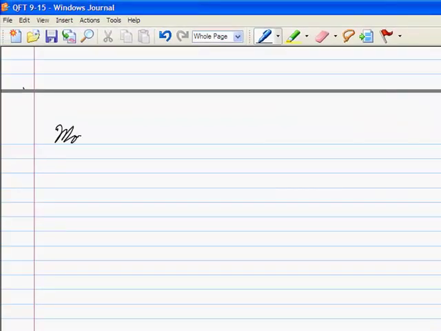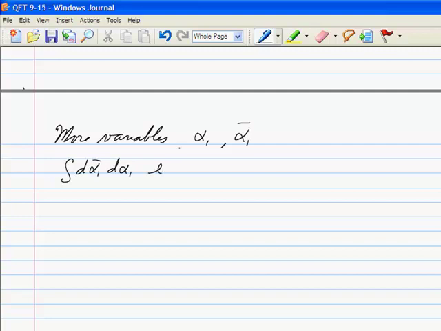Okay, if we have more variables. Let's take α1 and α1 bar, because I'm going to start generalizing this. And the integral I'd like to do is one that we're interested in doing here. It's going to be the integral dα1 bar dα1 e to the minus α1 bar m α1.